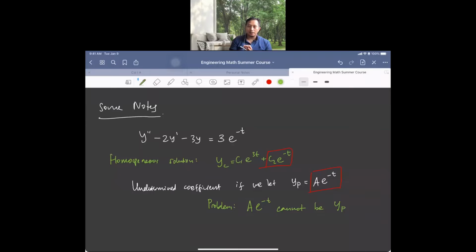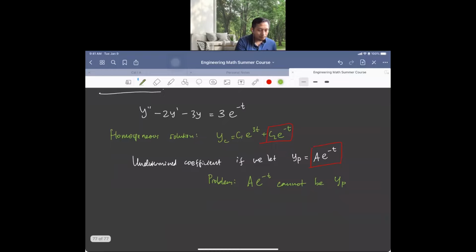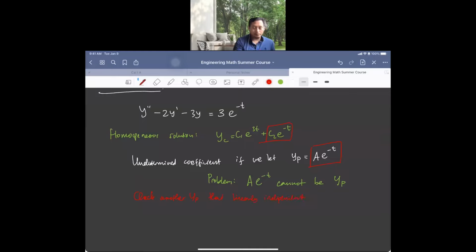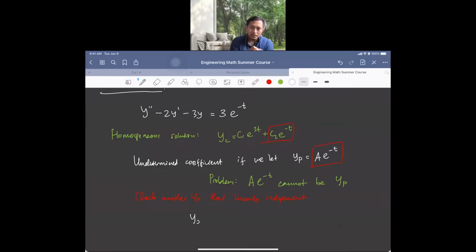Then we need to check another guess that is not just a scalar multiple. So it needs to be, of course, linearly independent. So we need to check another yp that is linearly independent, but still has some relation.